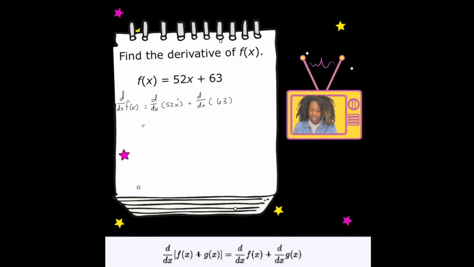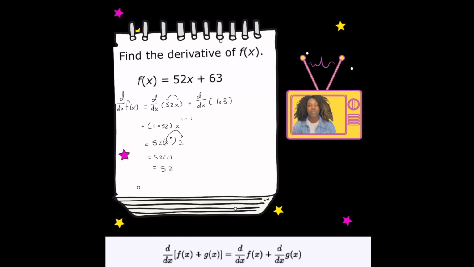We multiply that by our coefficient. So we have 1 times 52, and then we also subtract 1 from our exponent. 1 times 52 is 52. 1 minus 1 is 0. Anything with an exponent of 0 is just what, kids? It's 1. So we can just rewrite that with 1. And 52 times 1 is just 52.